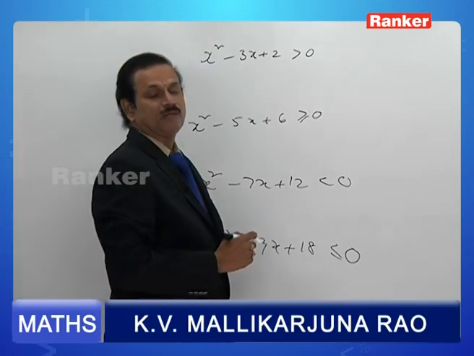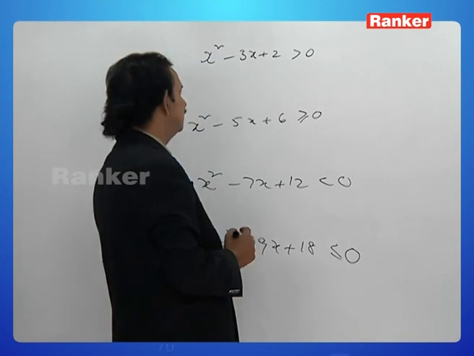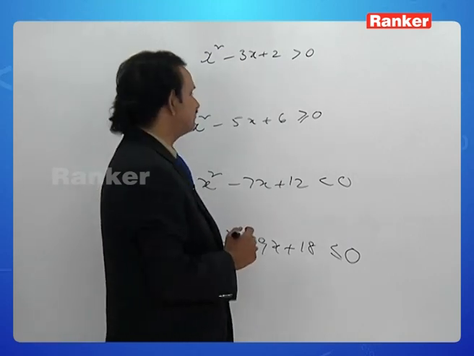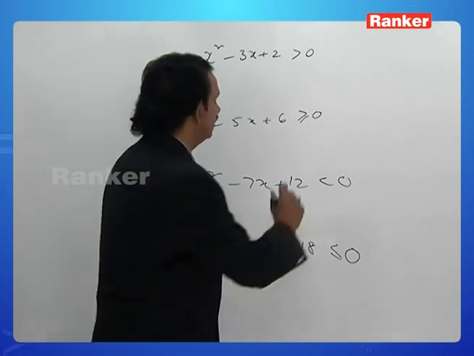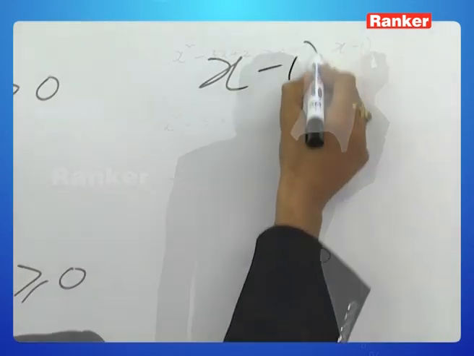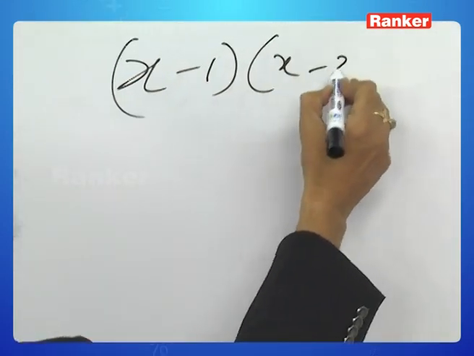These are very simple problems in which the quadratic expression lying in the left hand side can be factorized. Look here. This can be written as x minus 1 into x minus 2 greater than 0.